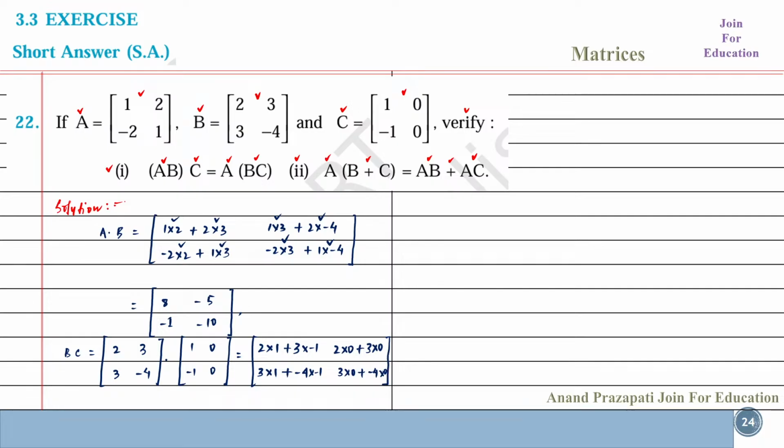So here will be 2 minus 3 equal to minus 1, and 3 plus 4 equal to 7, and 0 plus 0 equal to 0, 0 plus 0 equal to 0. Therefore, this one will be BC. So we find out here AB into C.